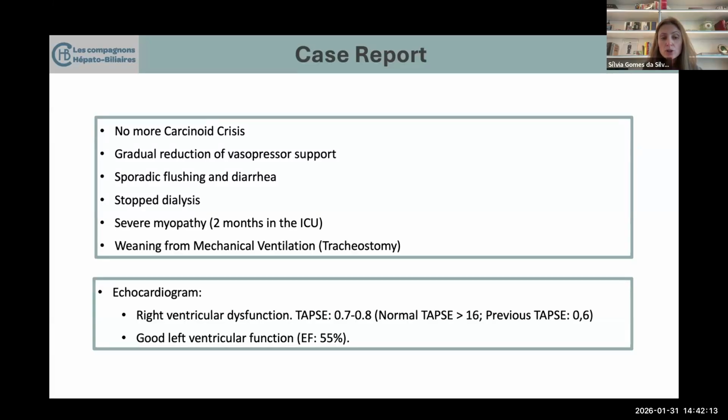The cardiac evaluation this week shows right ventricular dysfunction with a TAPSE of 0.7. Normal is above 16, but it's getting better. The previous was worse, and there is good left ventricular function.